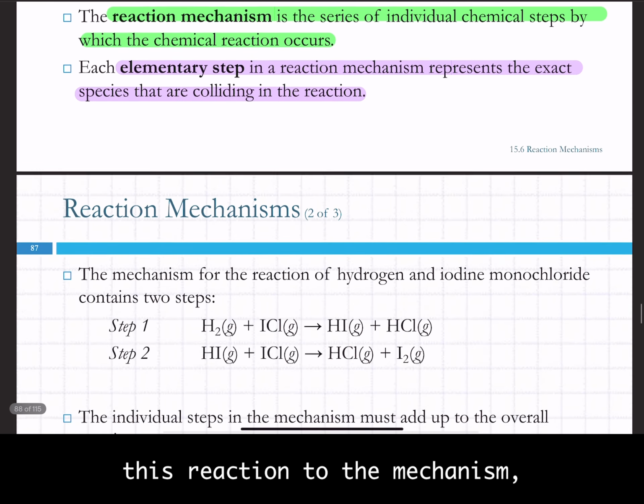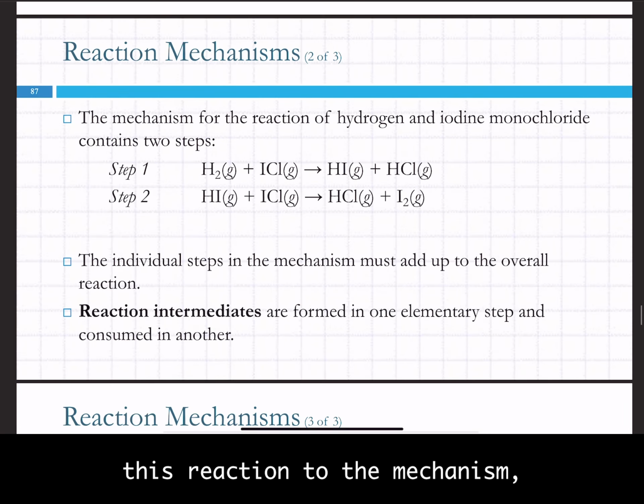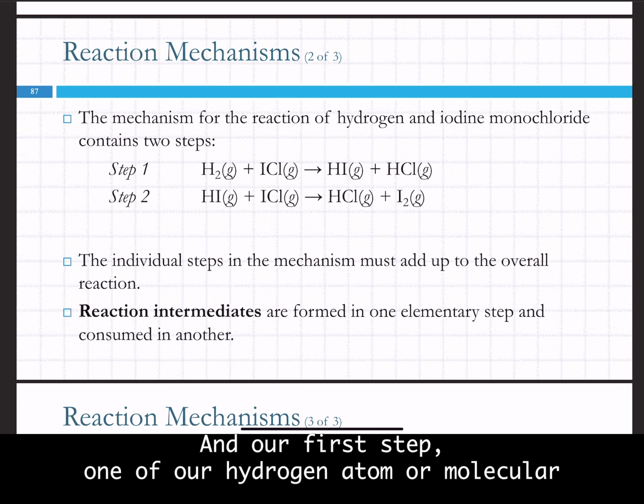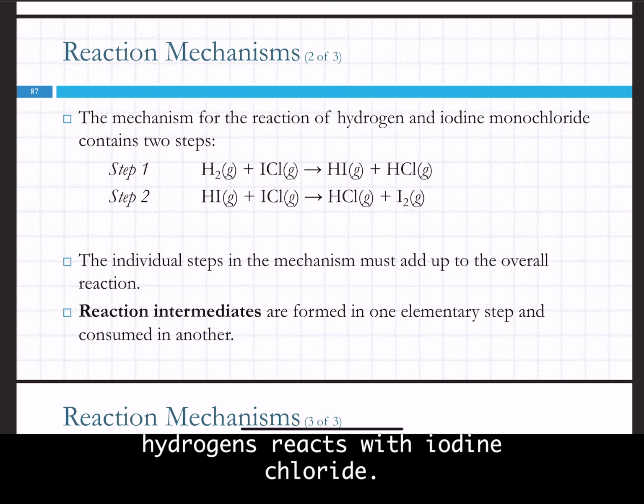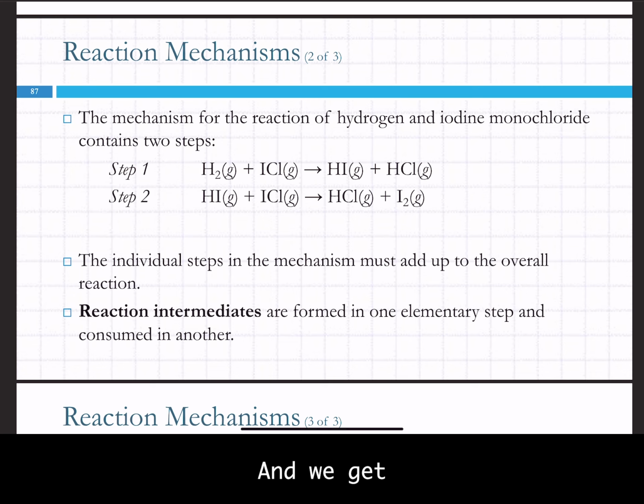So to pull apart this reaction, the mechanism, we have two steps. In our first step, one of our molecular hydrogens reacts with iodine chloride, and we get hydrogen iodide and hydrogen chloride. Monochloride, I guess I should say.